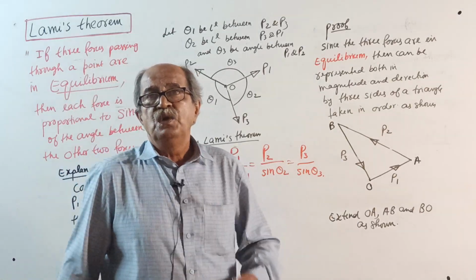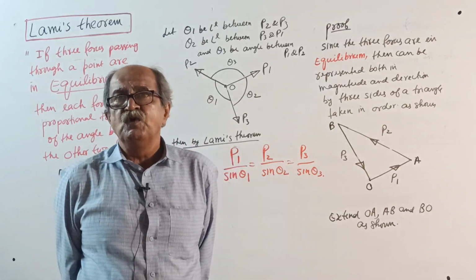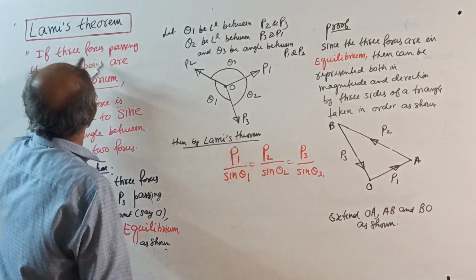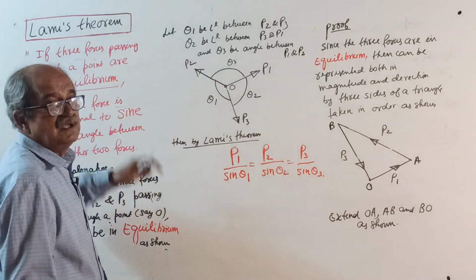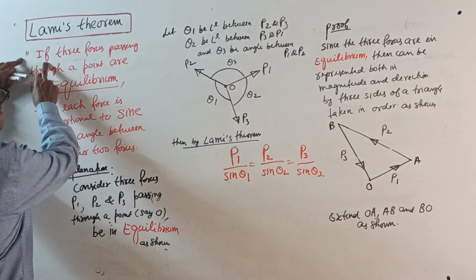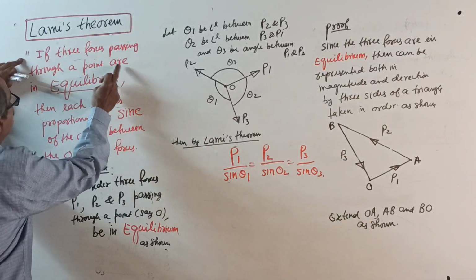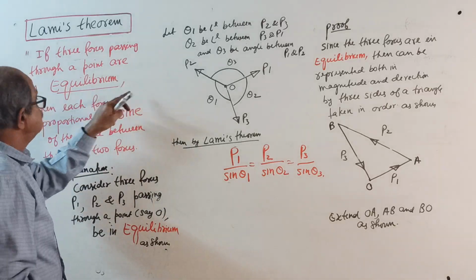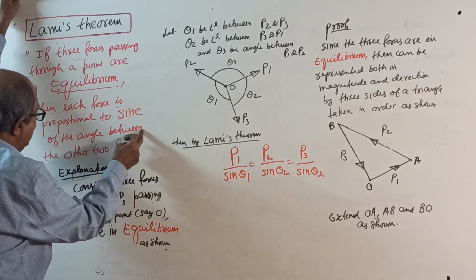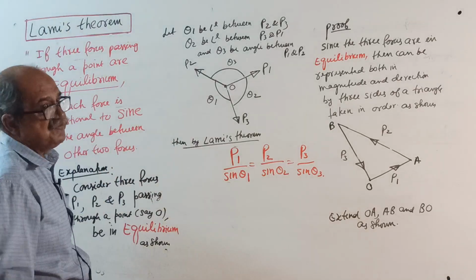One of the very powerful theorems in engineering mechanics is Lami's theorem. First I will read the statement. If three forces passing through a point are in equilibrium, then each force is proportional to the sine of the angle between the other two forces.